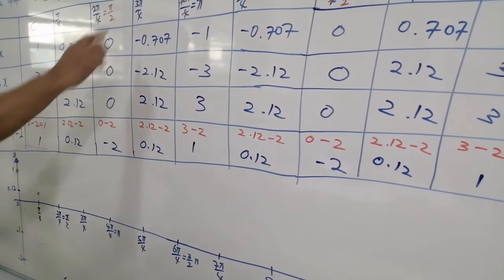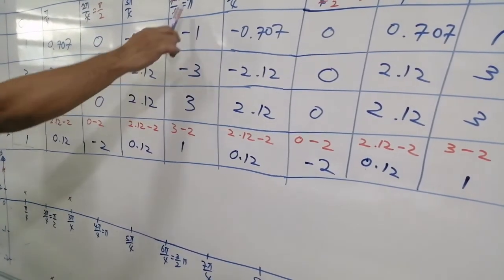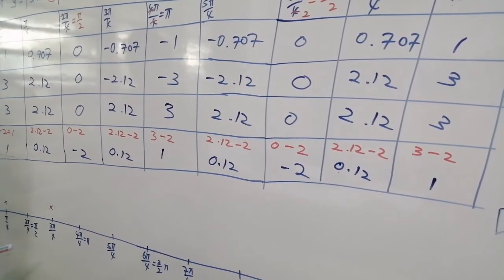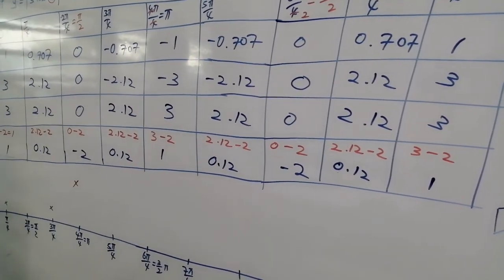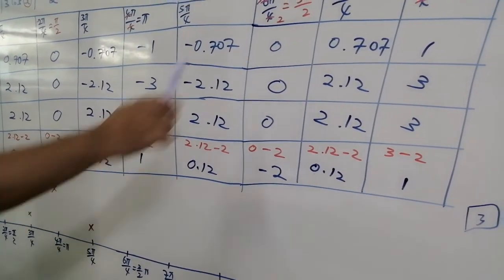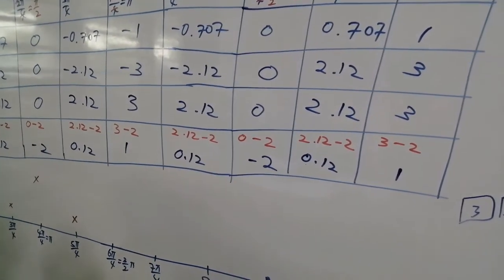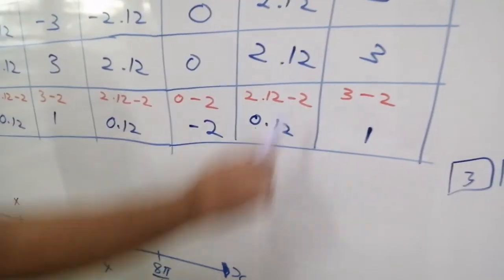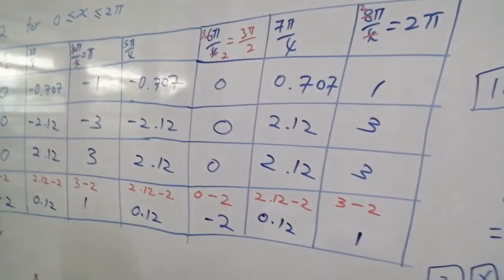Then 3 pi over 4 is positive, and pi is equal to positive 1. Roughly, 5 pi over 4 equals 0.12. Come back to here. Then 3 pi over 2 is negative 2. Okay, important. Then 7 pi over 4 is positive, and 2 pi now is positive 1.